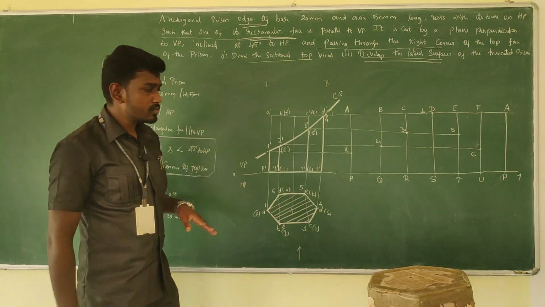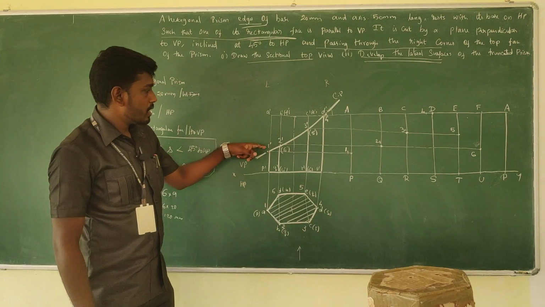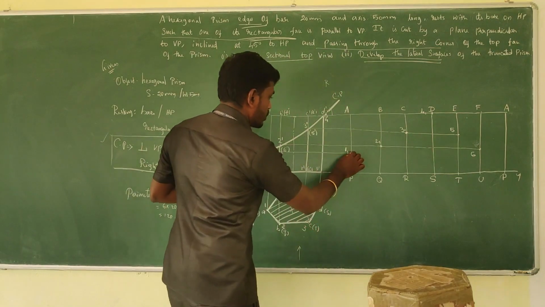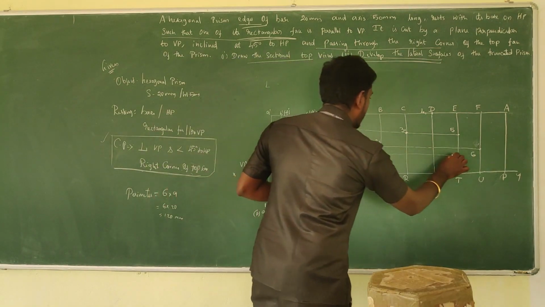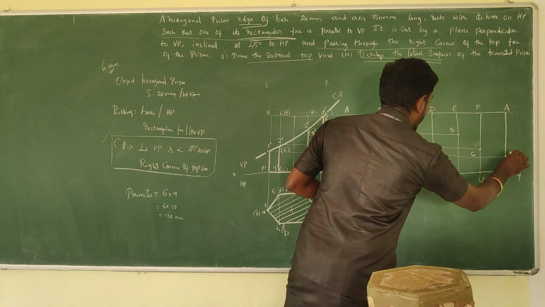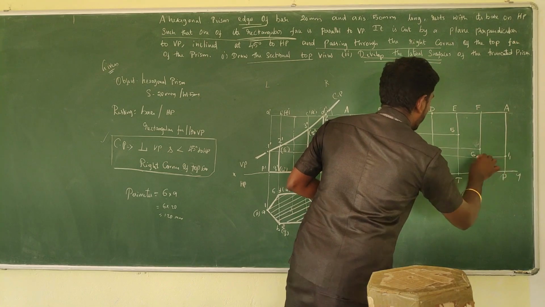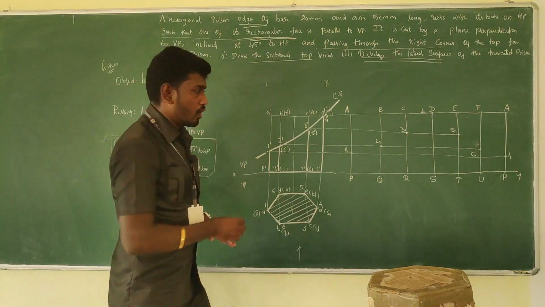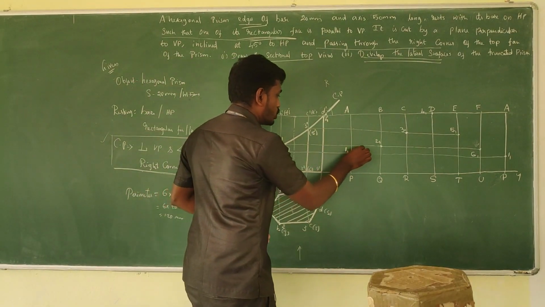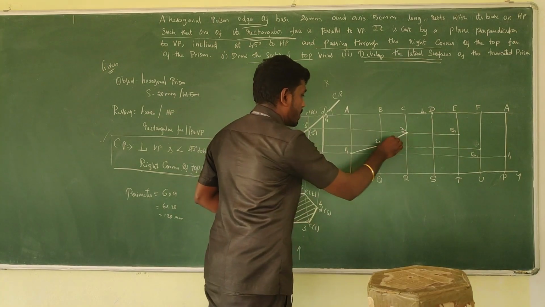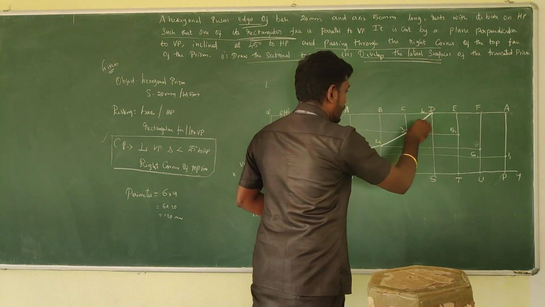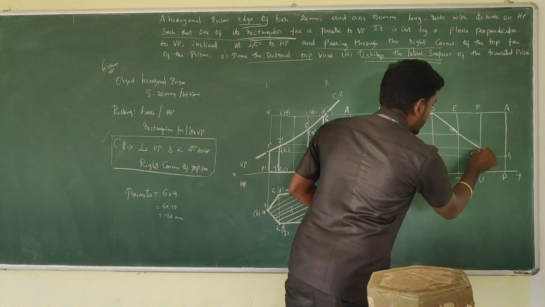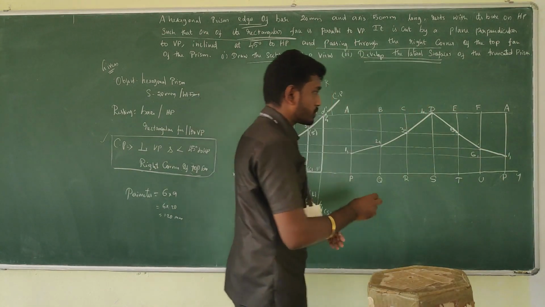And next, 1 again comes. Am I right? A and P edge is there. So take it, intersect with the same edge A to P. So you get 1 1. 6 1. This one, 5 1. We got all the points. Now connect all the points one to another with dark lines with a scale. 1 to 2, 2 to 3, 3 to 4, 4 to 5, 5 to 6, 6 to again 1.